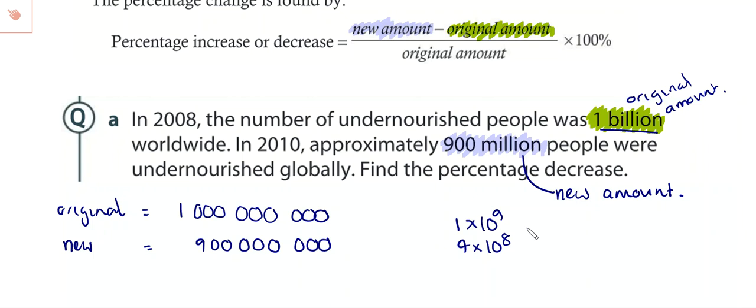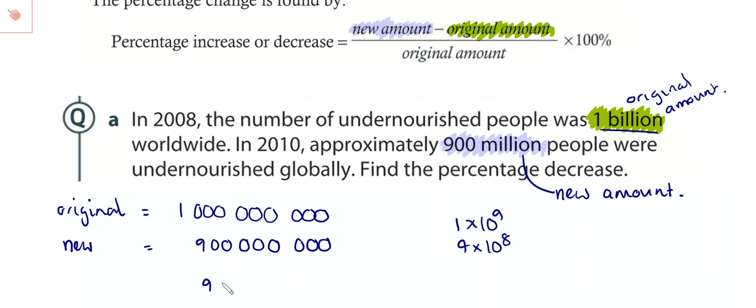What do we do now? We have to put it into the formula. Original and new. Okay, can you guys put that into the formula now? Obviously the new amount is first.